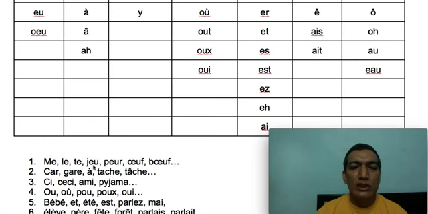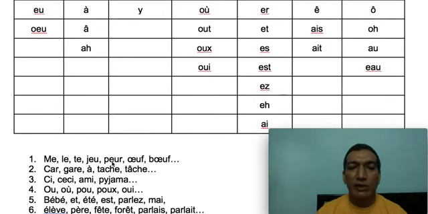So j, is je. Okay. Then eur, p, peur, which means fear, to be afraid. Then you have this third sound o, of, then f. So of. Then the next letter is buff. So o, is then b, buff.